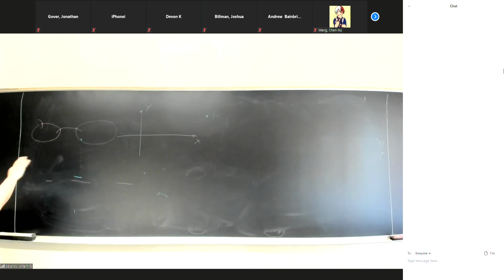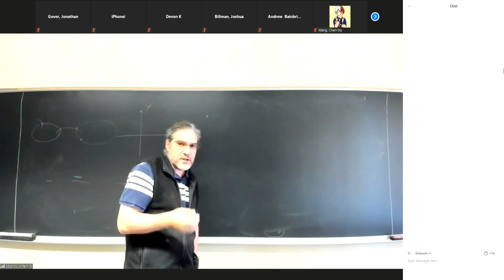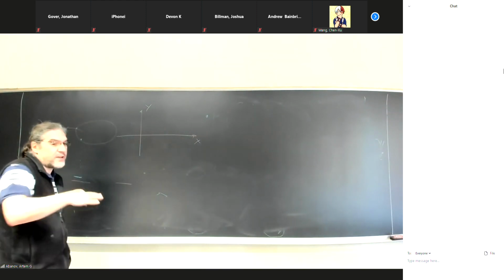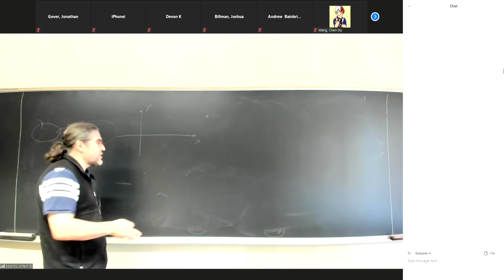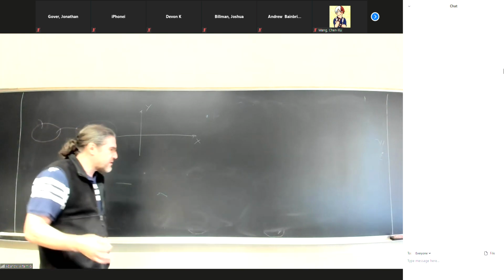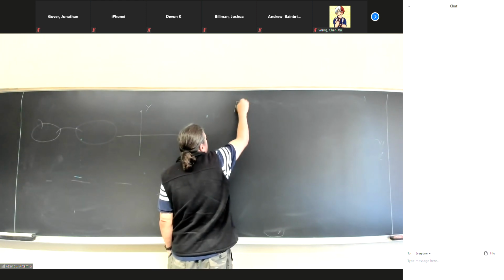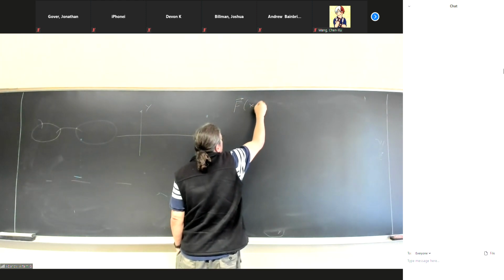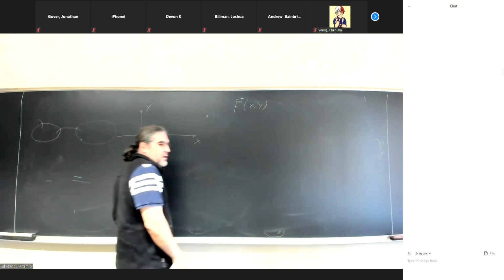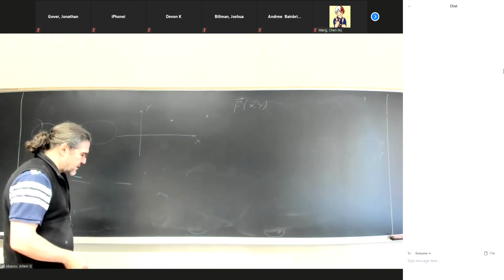And let's say we have a vector field. What does it mean, vector field? Well, let's say that the vector field is two-dimensional. The dimensionality of space and the dimensionality of the vector field do not have to be the same, but that's a different story. So we say that there is a vector which depends on x and y. So what it means is that at every point of this space, there is a vector.